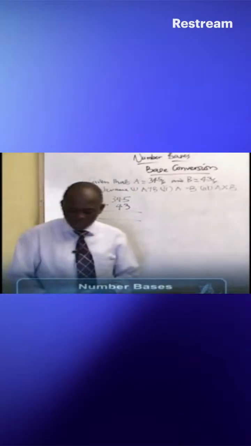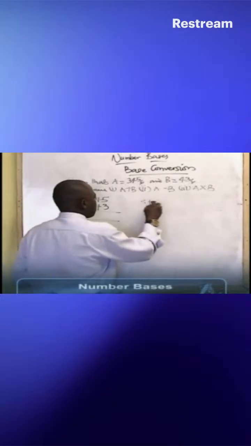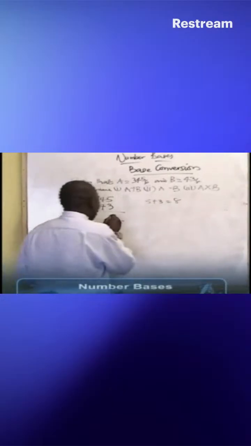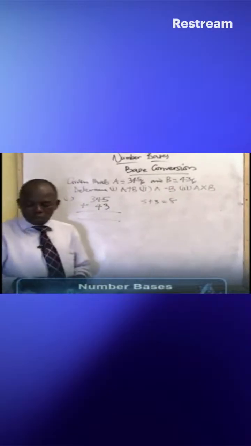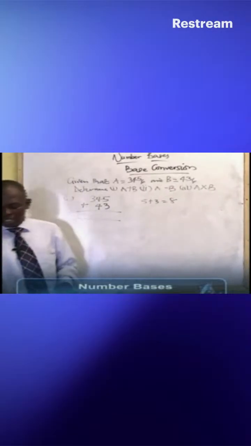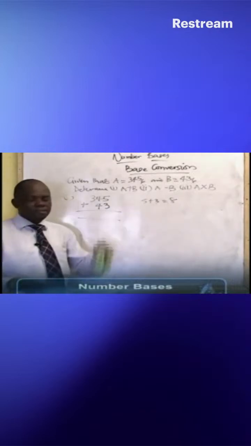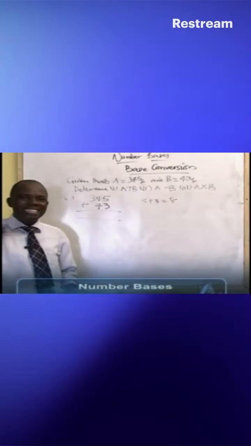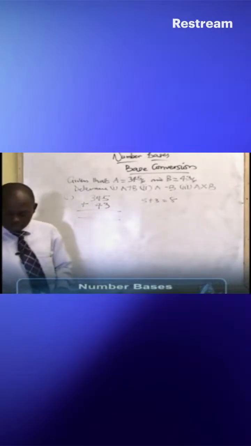So look at this first one we did. 5 plus 3 gave us 8. We cannot put 8 here because of the base that we are working with. So how do we do it? You will divide your answer by the base, which in this case is 6.